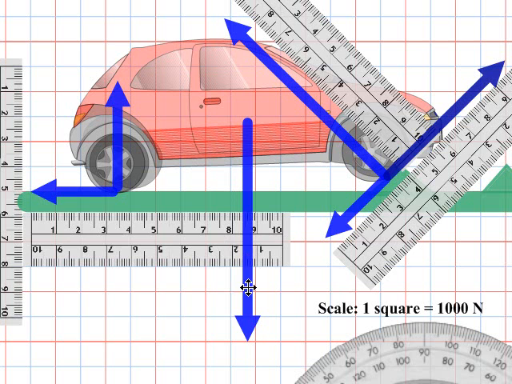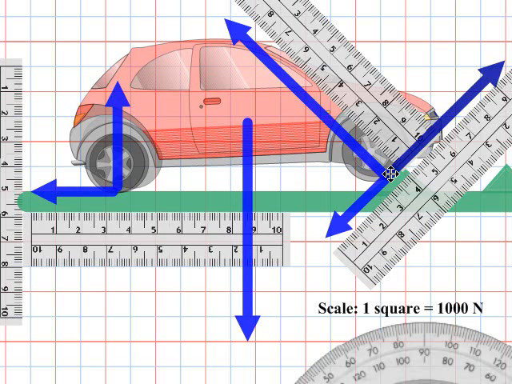So that's the weight. Then here we have a force that kind of looks like 6,500 newtons, and I would call it simply the engine force.